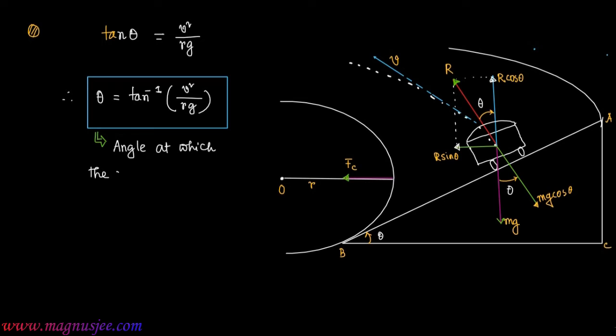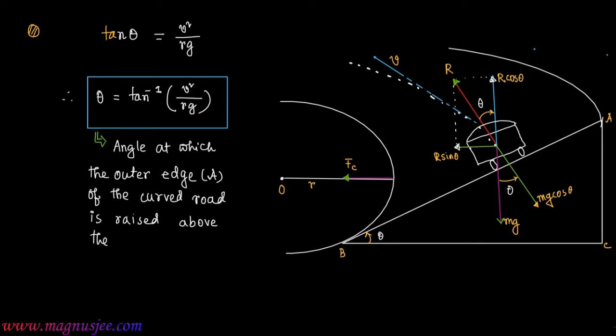Theta is equal to tan inverse v square by rg, which is the angle at which the outer edge, under bracket A, of the curved road is raised above the inner edge, under bracket B, of the curved road.